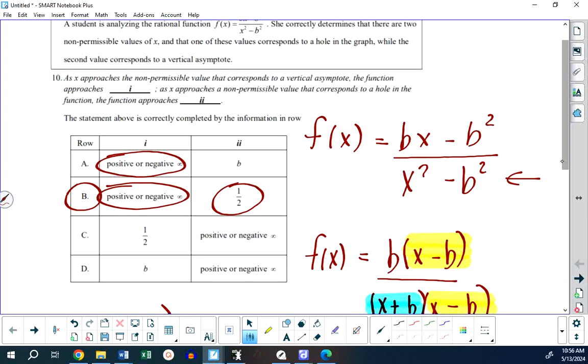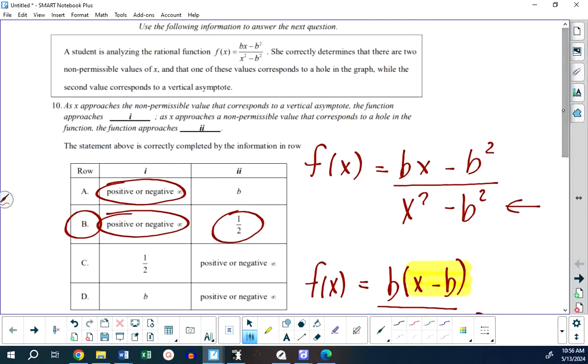Good. By the way, I can easily come up with another, it just occurred to me, another really, really good question surrounding this function. I could say, so an alternate question, what's the range of y equals bx minus b squared over x squared minus b squared.